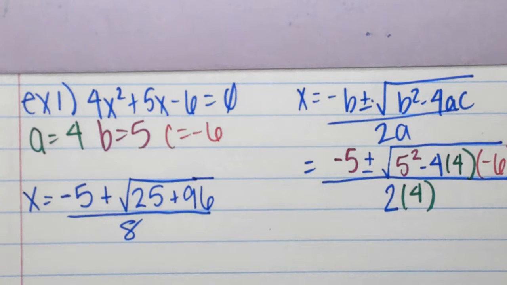Let me see. 2 times 4 is? 8. You forgot that part. So it'd be 6 divided by 8.